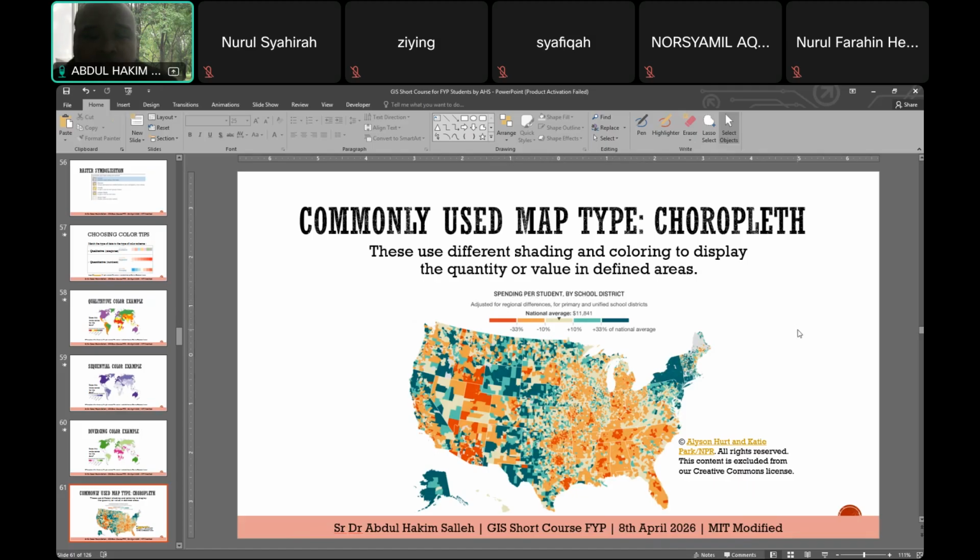Perhaps they have conducted some sort of questionnaire or interview to the students. That's why they obtain this information here. These use different shadings and coloring to display the quantity or value in defined areas.